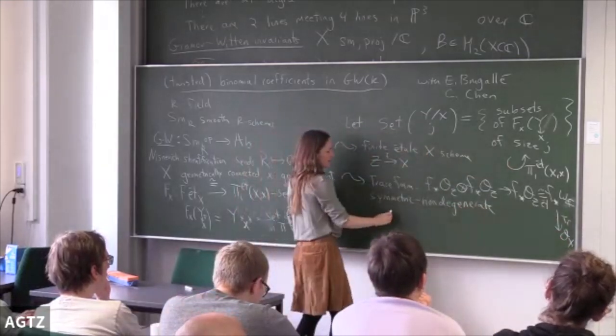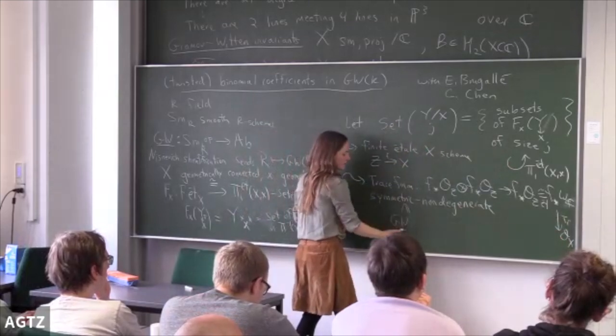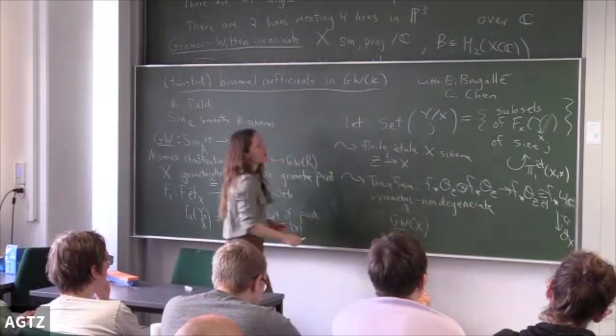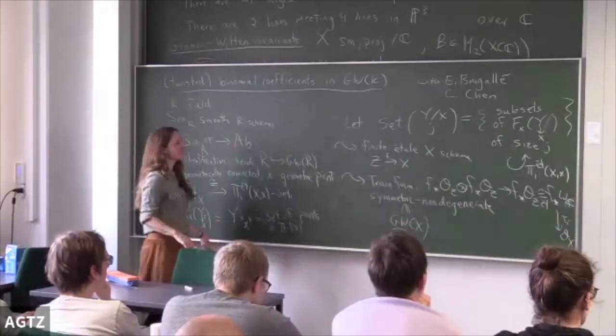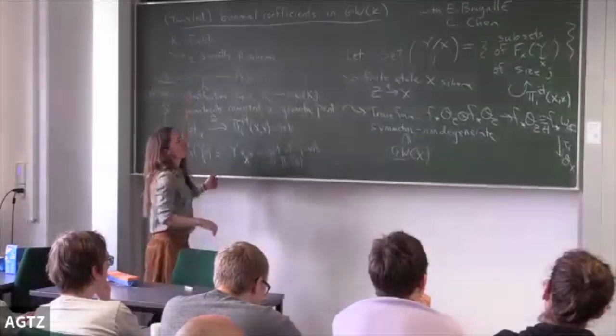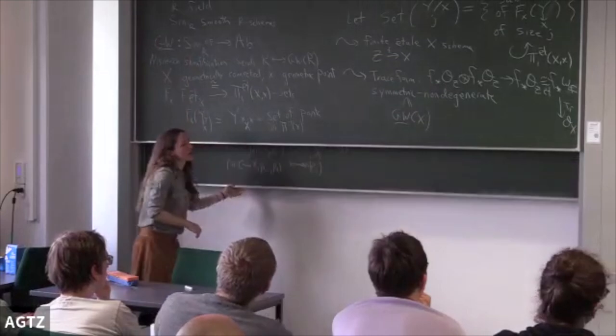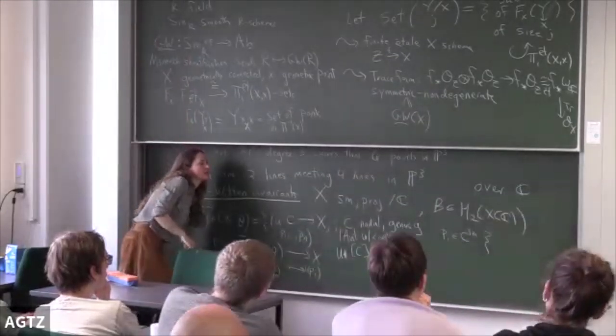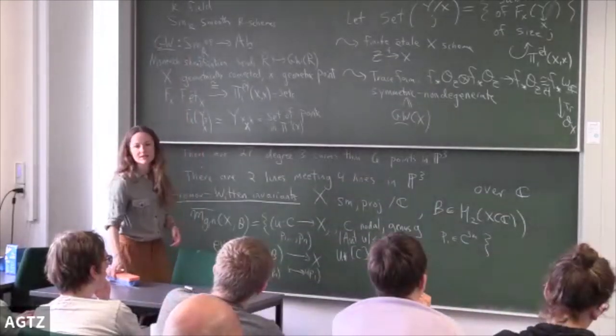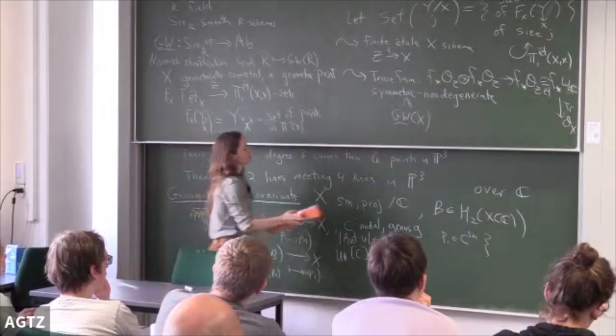So it has a class in the Grothendieck-Witt group of x. So we'll define Y over X choose j in the Grothendieck-Witt group of x to be the class of that trace form.